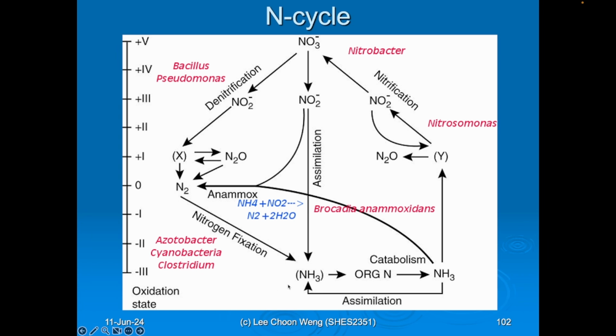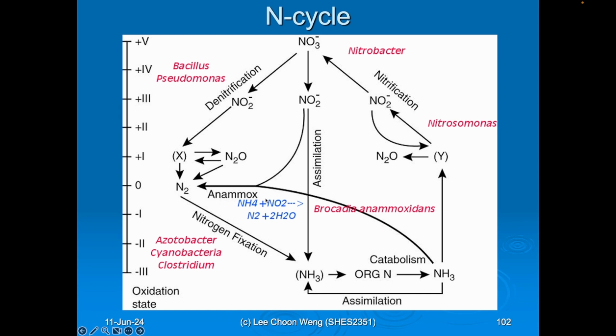In the past, ammonium oxidation from here to here was only known to occur as nitrification, an aerobic process. However, now we know there is anaerobic ammonium oxidation, which means ammonia can also be oxidized in anaerobic states.